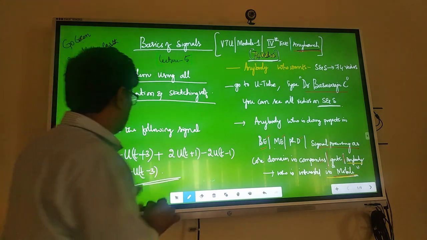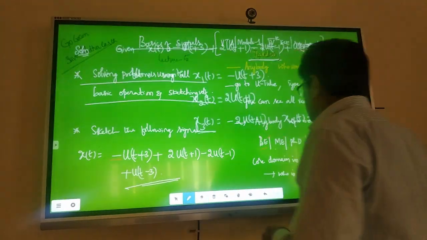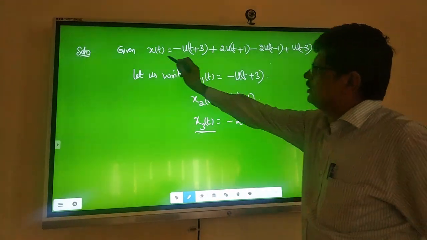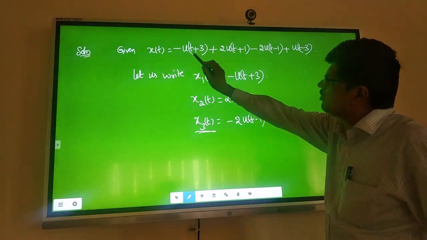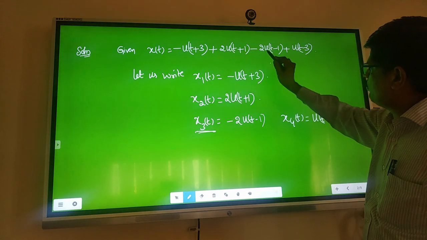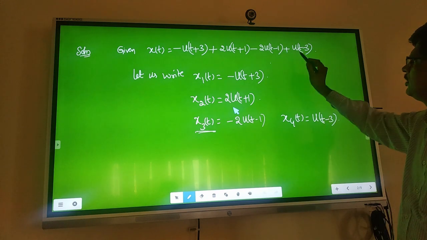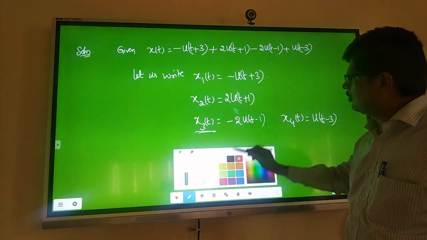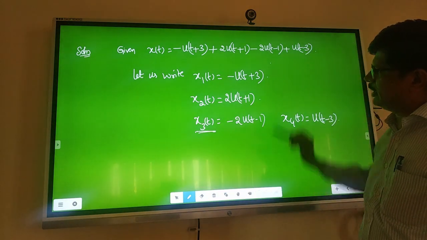Now, to solve this, first write the given, very simple. x of t is equal to minus u of t plus 3 plus 2 u of t plus 1 minus 2 u of t minus 1 plus u of t minus 3.